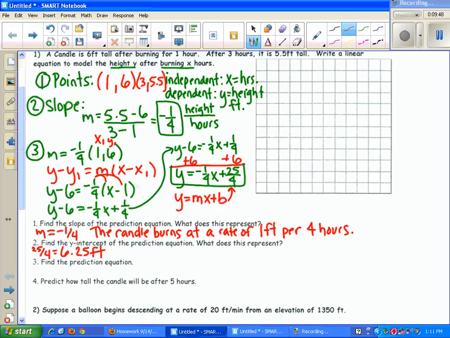So what does this mean, our y-intercept? Remember, in order to find the y-intercept, you're plugging 0 in for x, and remember that x stands for the number of hours.